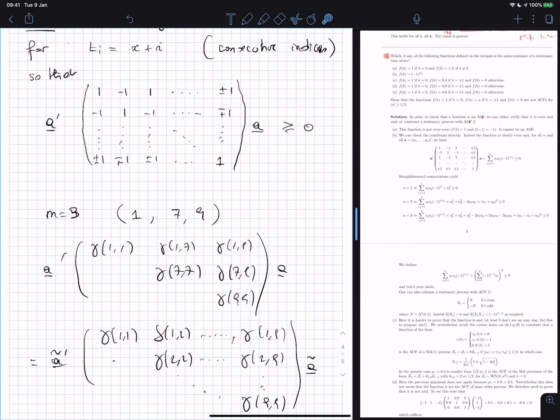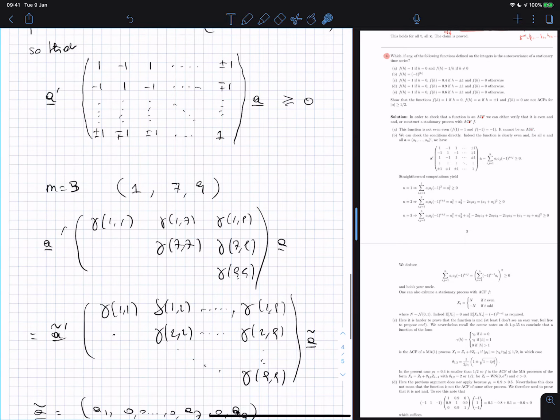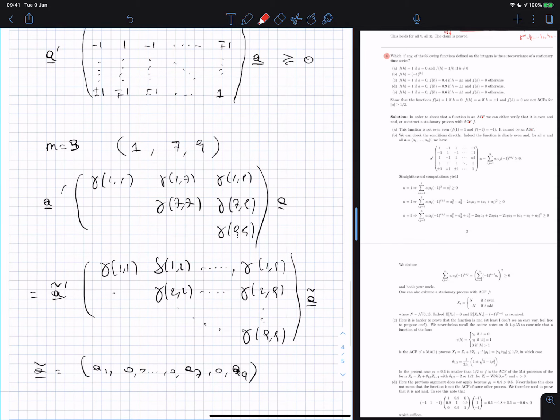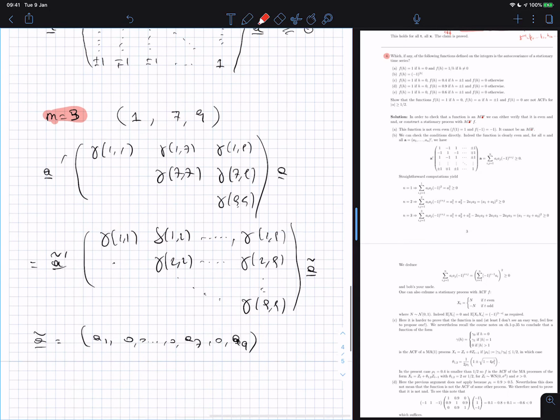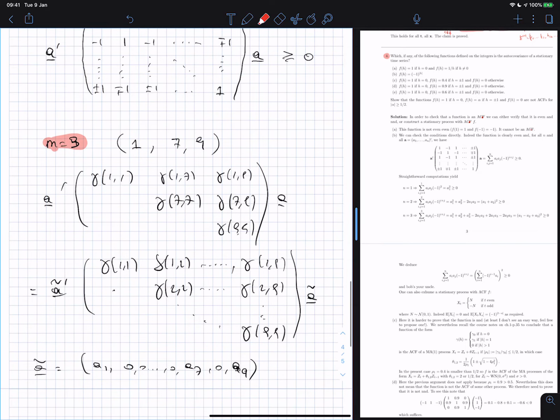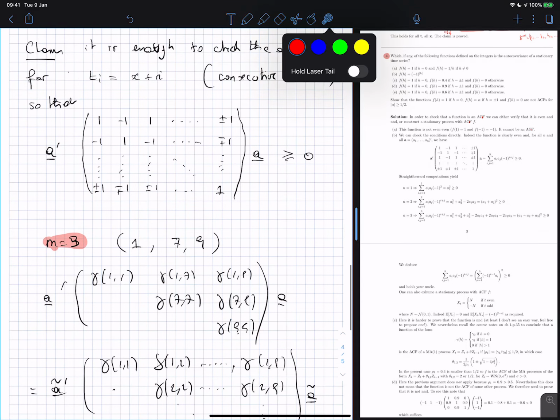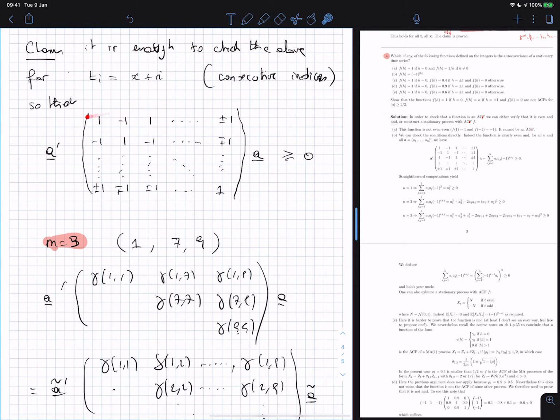It was something that I was skipping over, but when you look at what you're doing, it's actually clear, but it's good that I say it. Does everybody follow this argument? Yes. Okay. So now it's sufficient to check this.